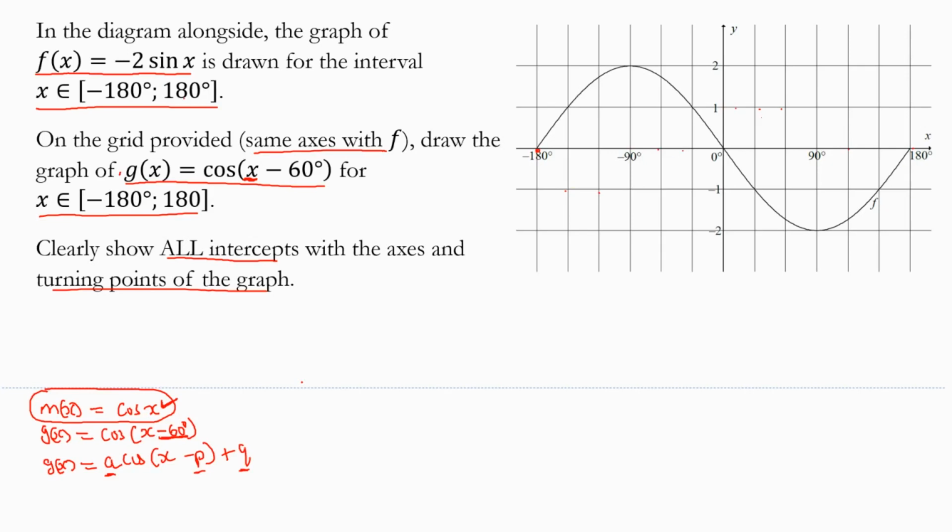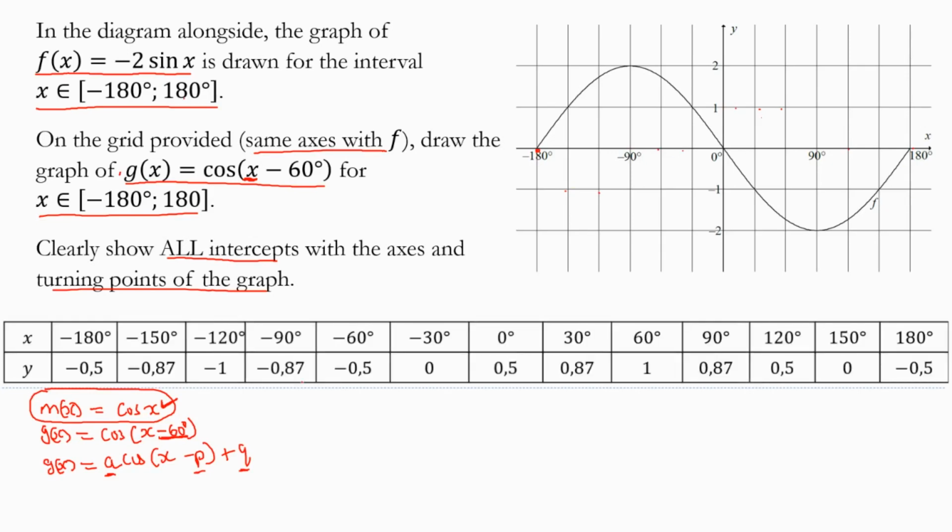Welcome back. I really hope you managed to get these values from your calculator so we can sketch our graph now. We don't need to have all the points. You can use all of them, but these points are enough. This point, this point, this point.